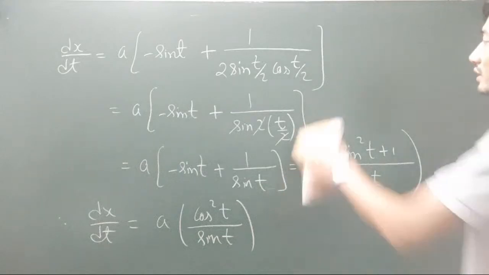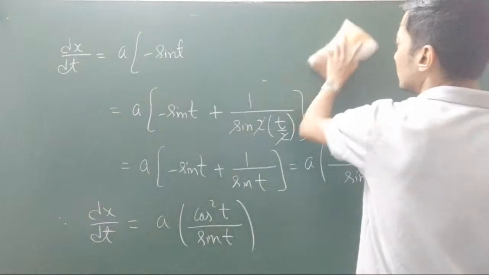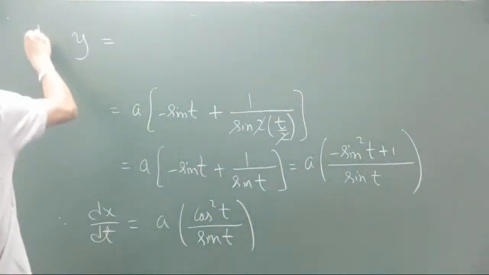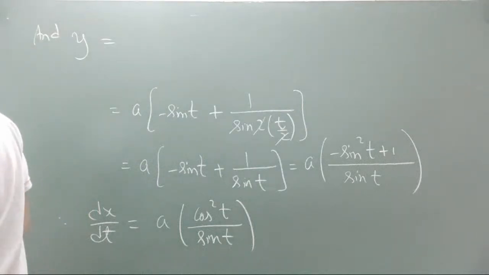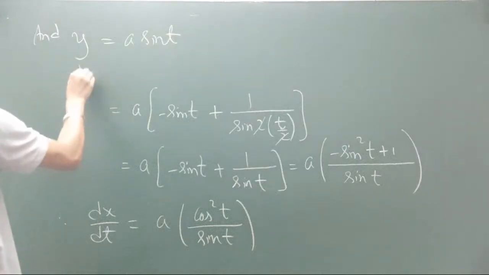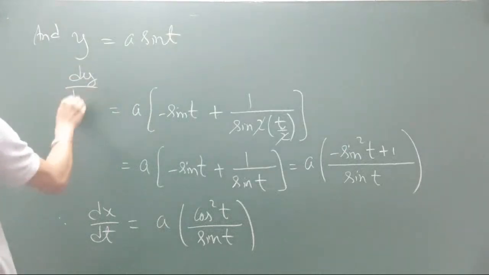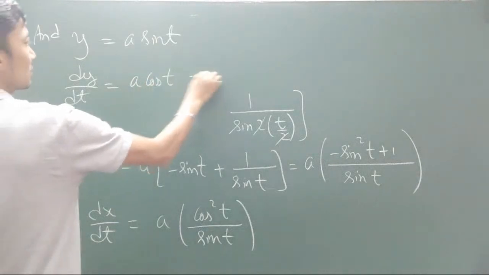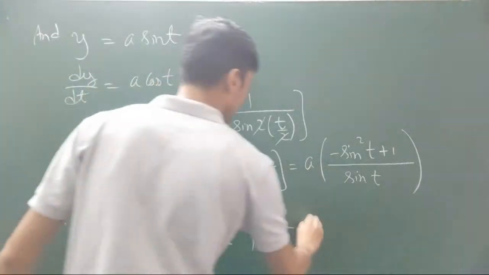So I think the second function is a simple function, no? Second one was y equal to a sine t. So dy with respect to t will be simply a cos t.